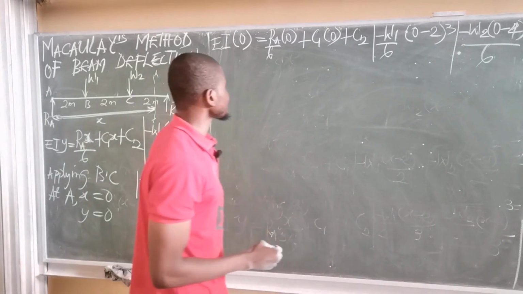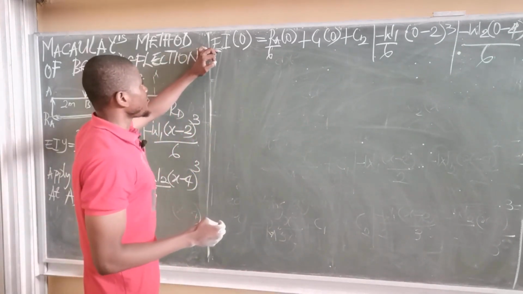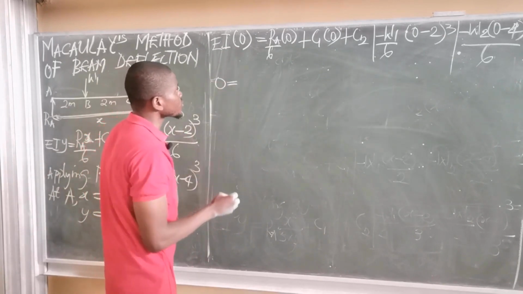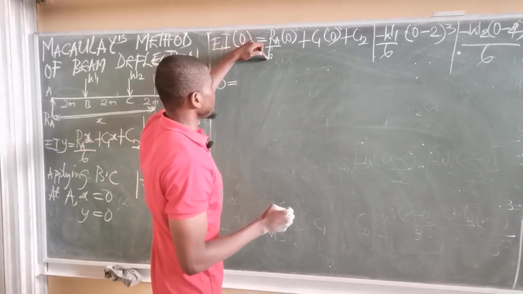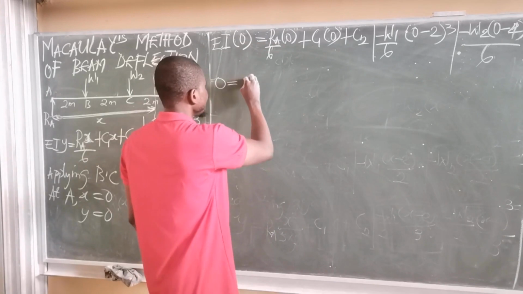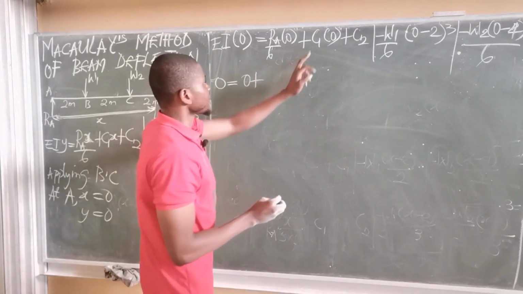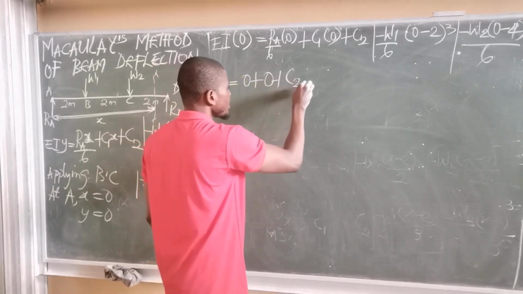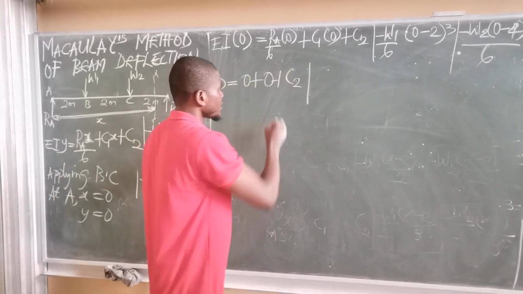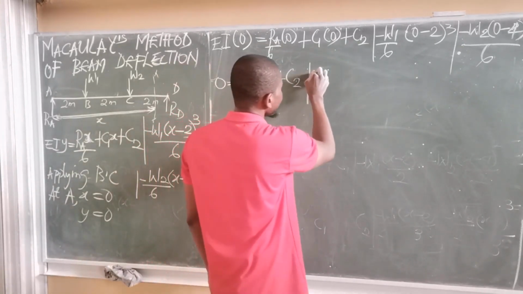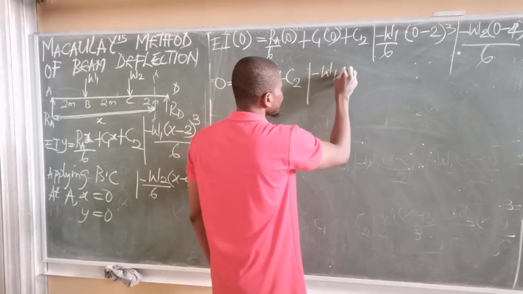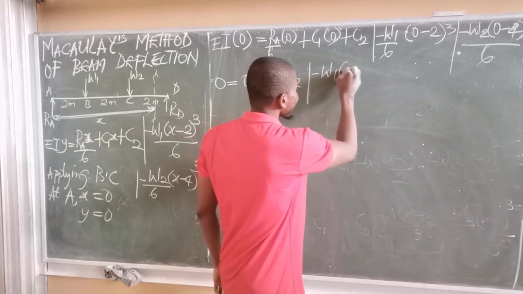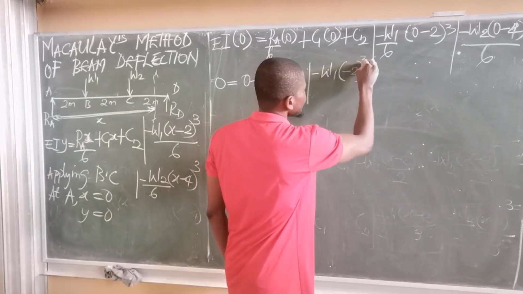So we have this. Take note, EI multiplies 0 simply gives us 0, and that's equal to, same thing here, RA over 6 multiplied by 0 gives me 0, plus C1 multiplied by 0 also gives me 0, plus I'm left with C2. But observe the Macaulay's bracket now. I have minus W1 into, of course, X here becomes 0. So I'm left with minus 2 all cube.